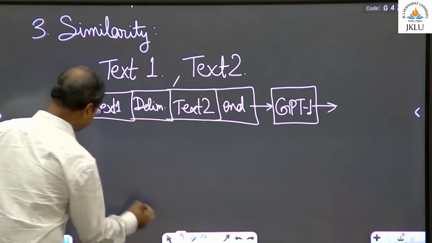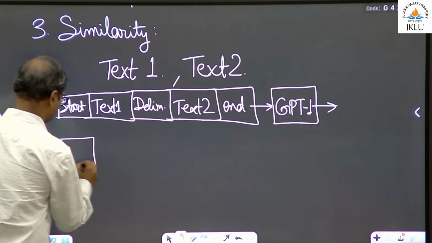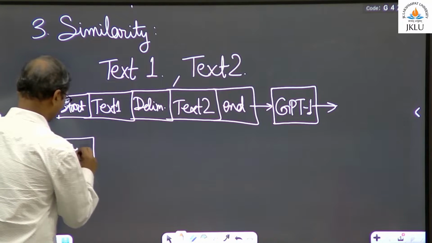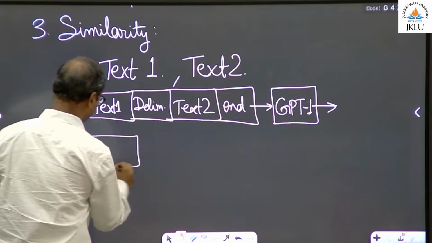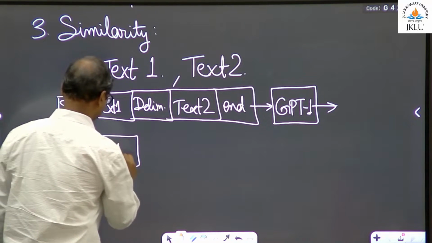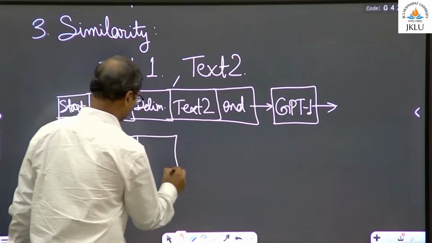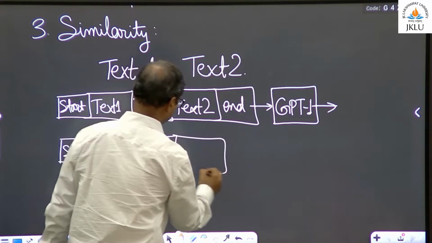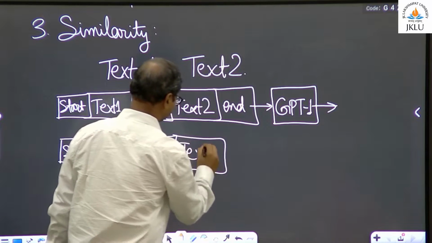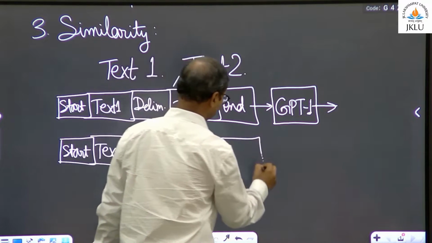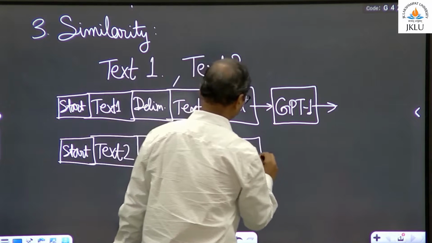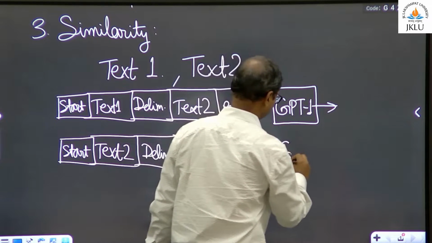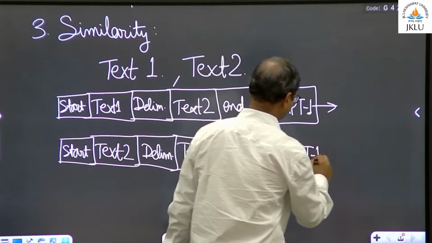What they say is, start, text 2, delimiter, text 1 and GPT-1.